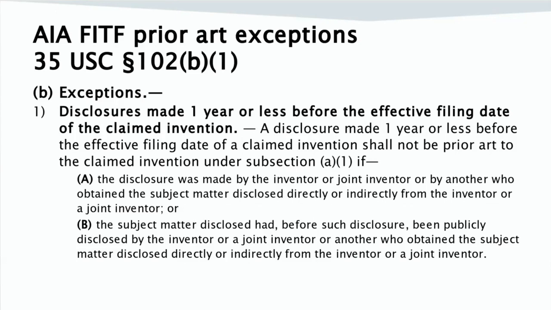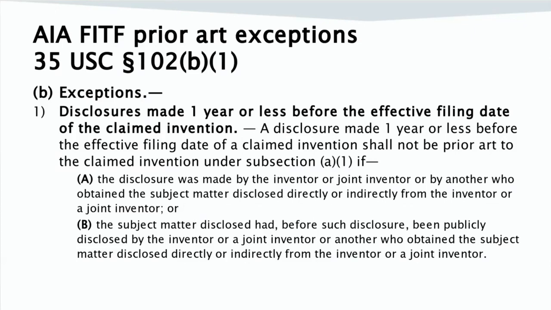Section 102(b)(1) creates exceptions for grace period disclosures that would otherwise apply as prior art under Section 102(a)(1). Section 102(b)(1)(A) says that if the disclosure being considered as prior art was made by or obtained from the inventor during the grace period, then that subject matter may not be used as prior art against that claim.